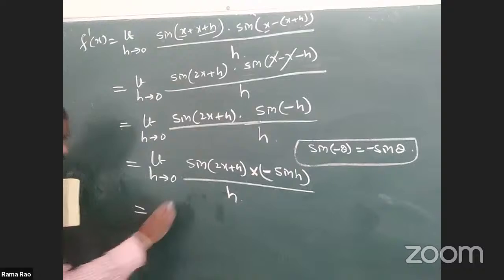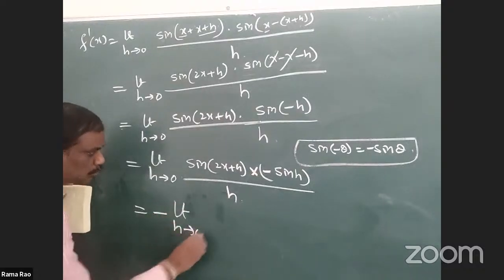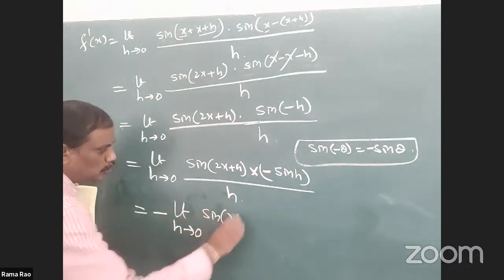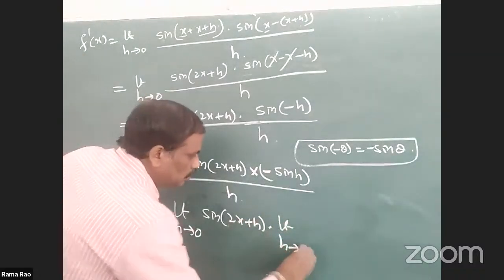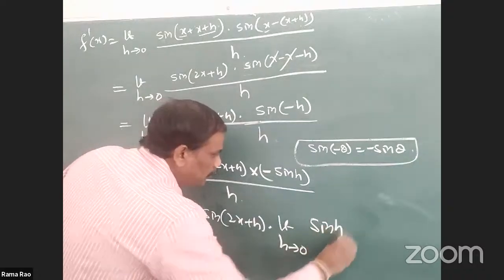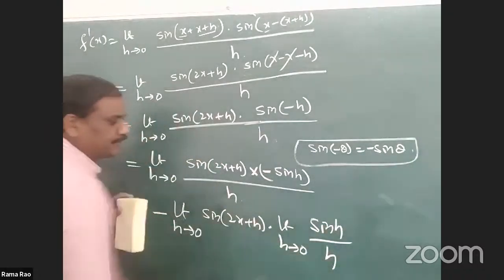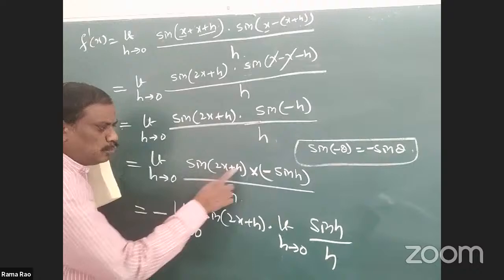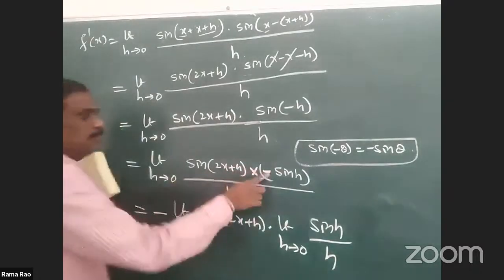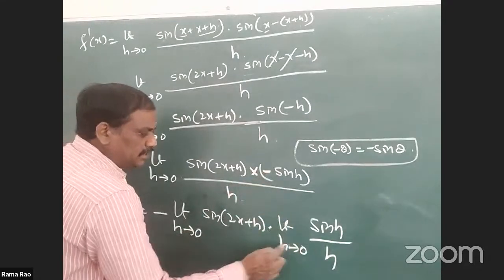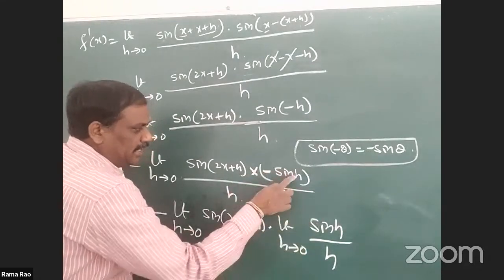Take minus from outside. Limit h tends to 0, sine of 2x plus h into limit h tends to 0 sine h by h. This minus comes outside: minus of minus, limit h tends to 0 sine h by h.